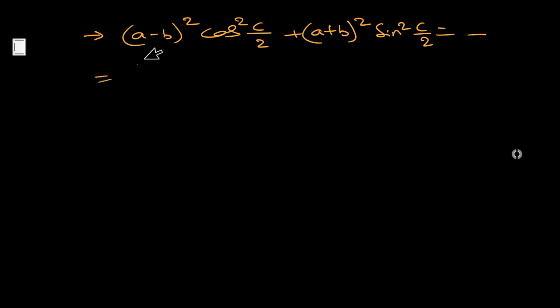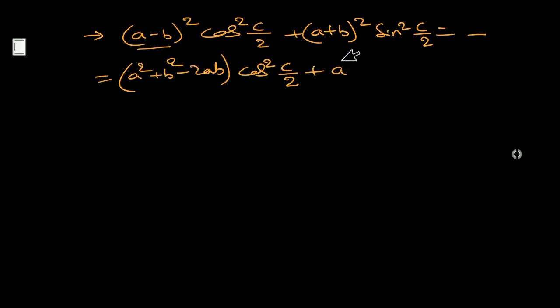So we can apply the formula: (a minus b) whole square is a square plus b square minus 2ab, into cos square C by 2, plus a square plus b square plus 2ab, sin square C by 2.